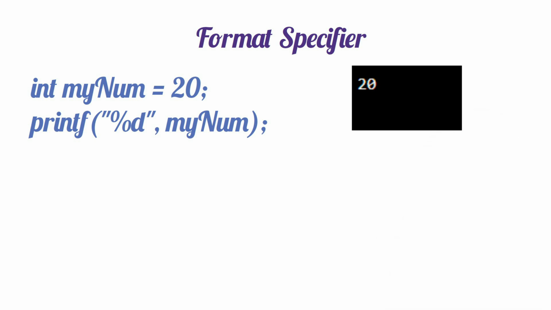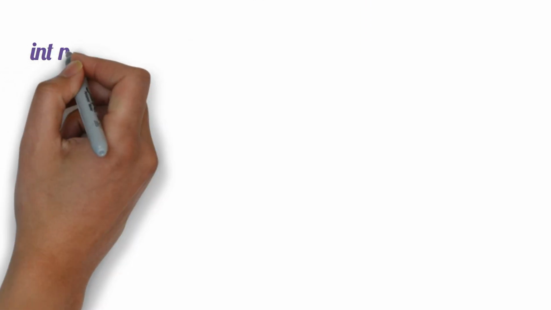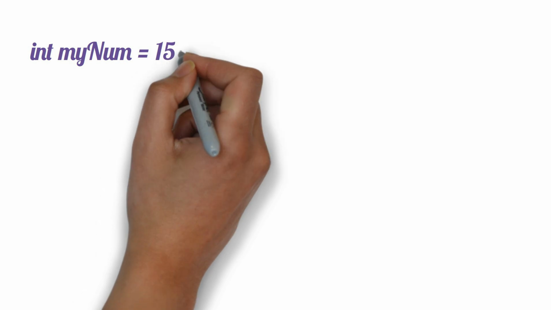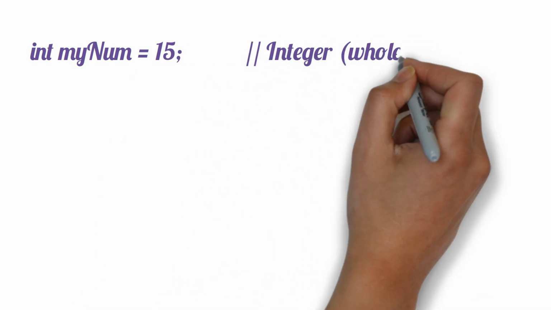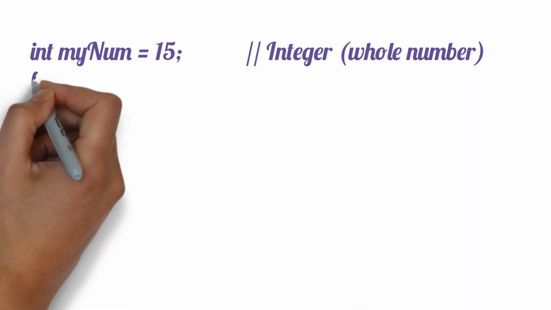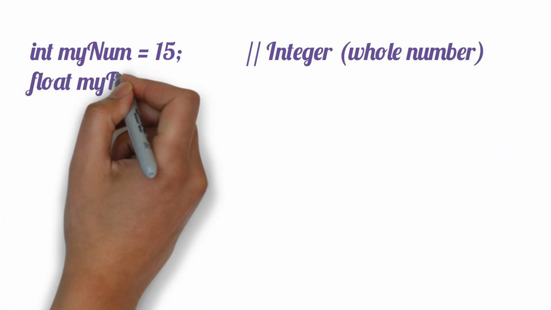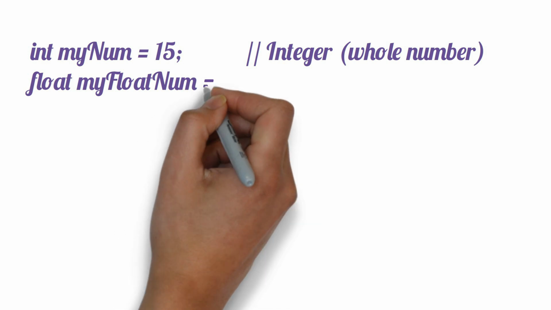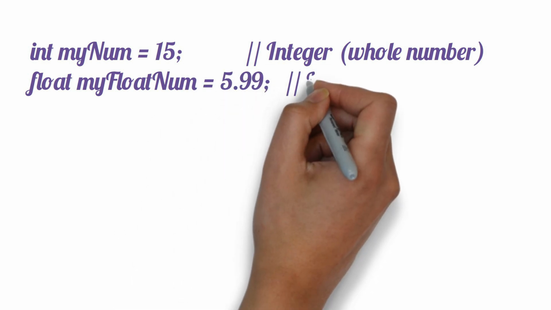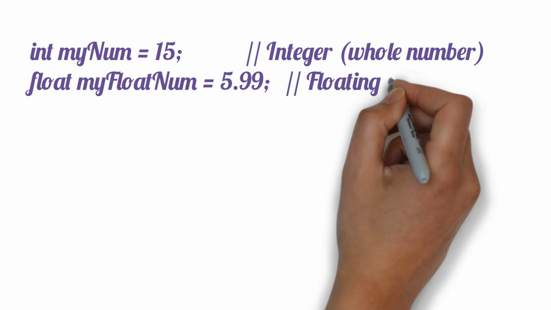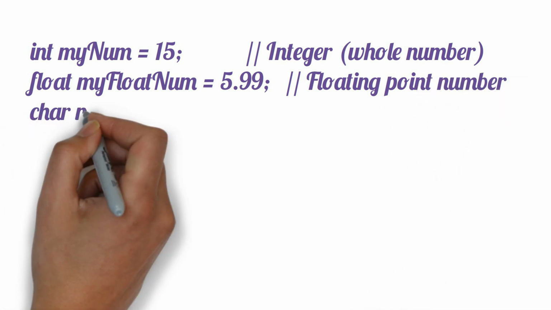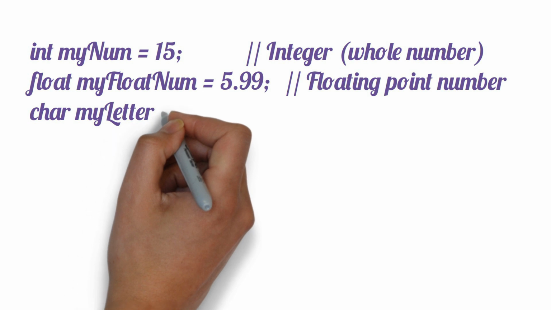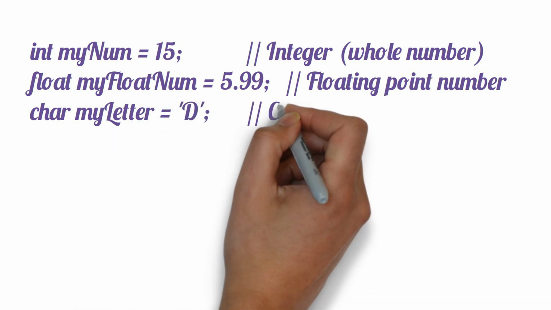We shall move forward and create an integer type value, a floating type value, and a character type value. First, I'll create the integer type value with the statement int mynum equal to 15. Next, float my float number equal to 5.99. Next, char my letter equal to single quotes d.